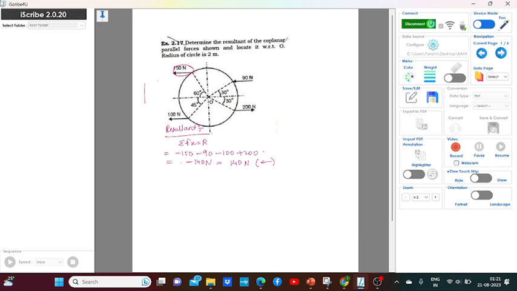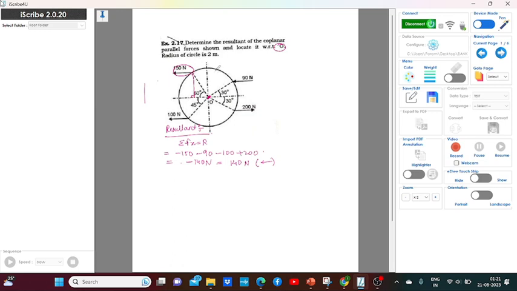They have said located with respect to point O, so I am supposed to take the moment at the center, which is point O. Okay, so the perpendicular distance will be what? This will be the perpendicular distance, in red color. Just imagine this, and this will be the perpendicular distance around point O.